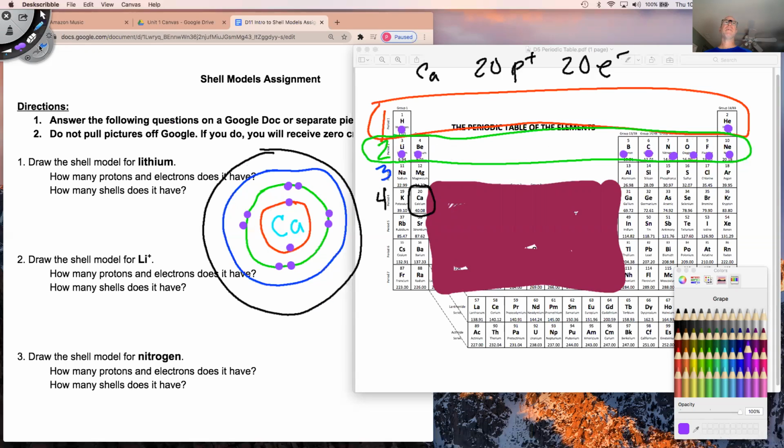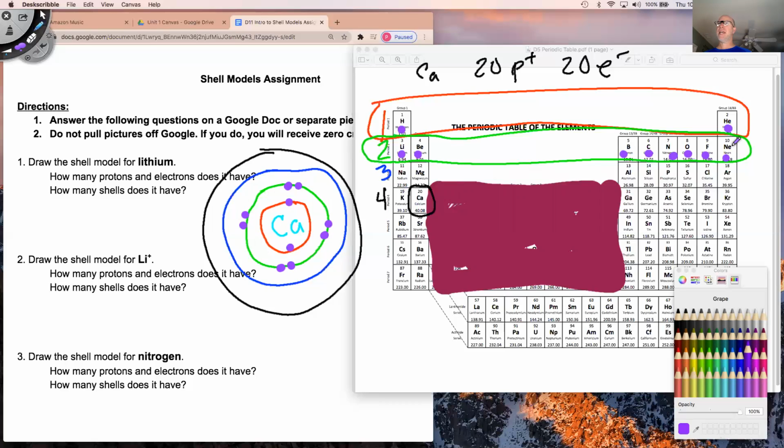If we would stop the process right here, and I just erased some things, so you're going to have to pay attention. Okay? I have 1, 2, 3, 4, 5. If I would stop the process right here, this would be nitrogen, because nitrogen has 5 electrons in its outer shell. But we're not doing nitrogen. We're working with calcium, so now we need to add these other ones in, and that's going to get us up to 10.